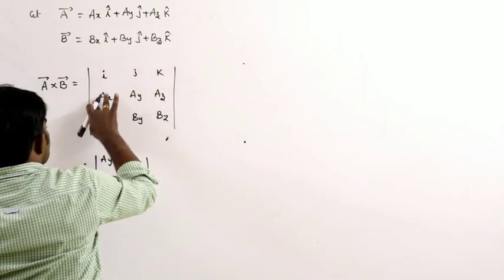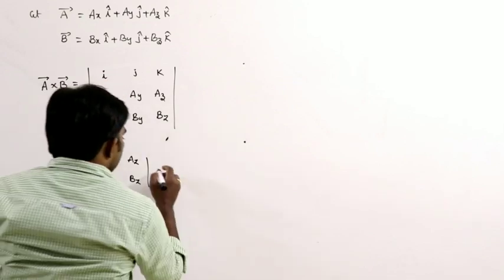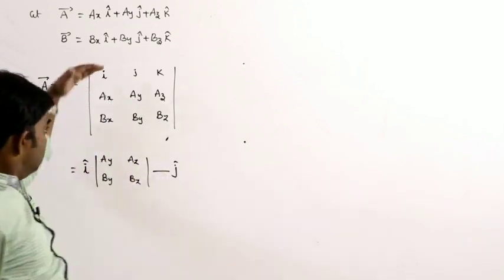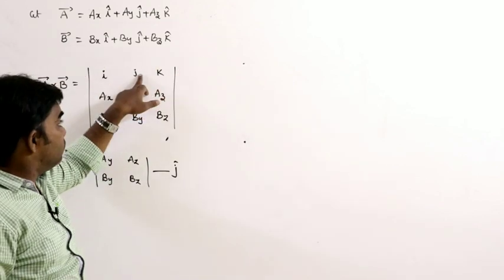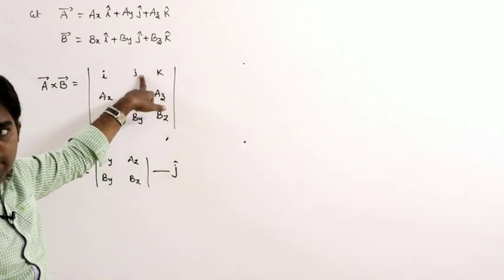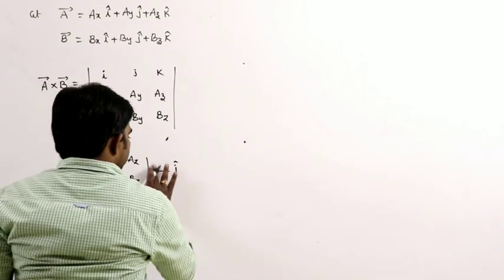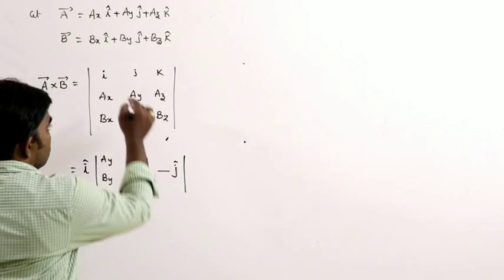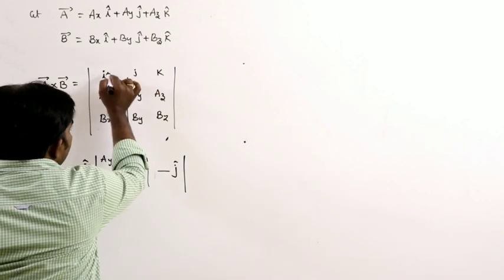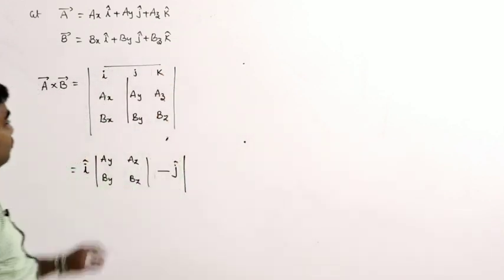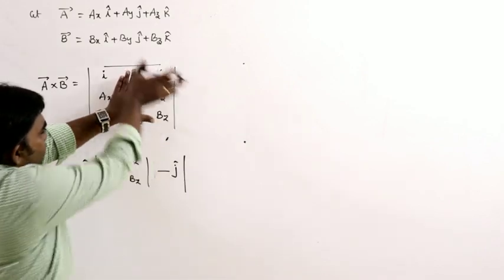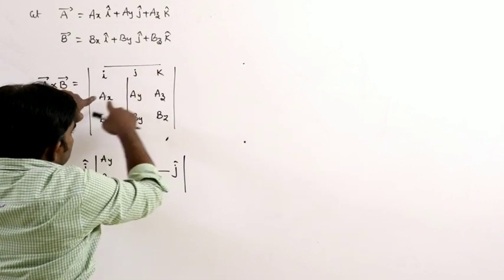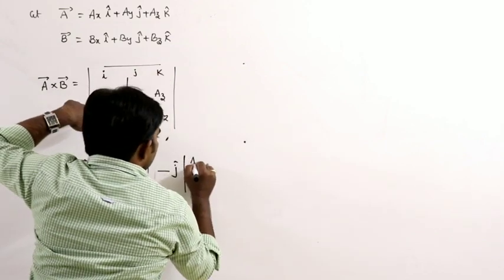Next, the second component is minus. In this row, the second term is minus. Compulsorily, it must be minus. j into, we have to write the multiple of j. So now forget about this column and this row again. What are the remaining values? Don't consider this one and this one. What are the remaining here?